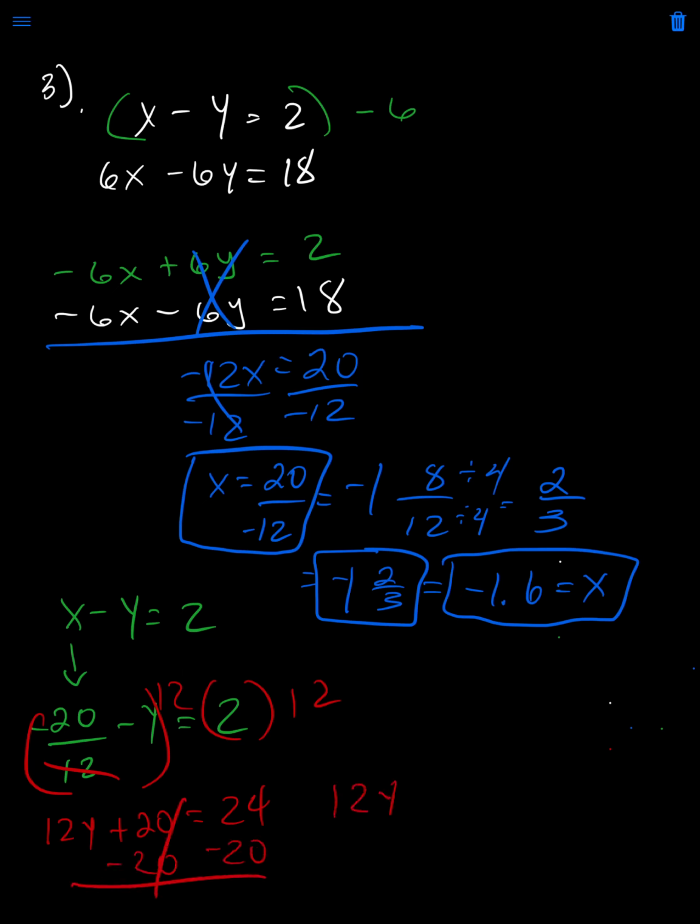It leaves me with negative 20 minus 12y equals 24. Add 20 to both sides. Becomes negative 12y is equal to 44. Divide both sides by negative 12. So y is going to equal 4/12, which is 1/3. So that is your solution for number 3.